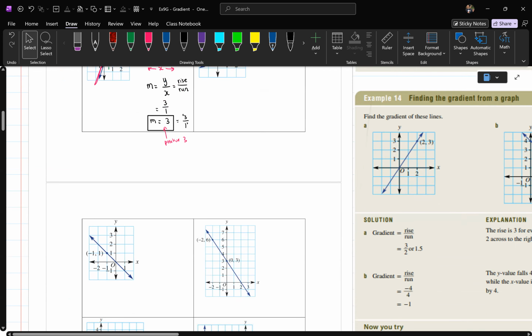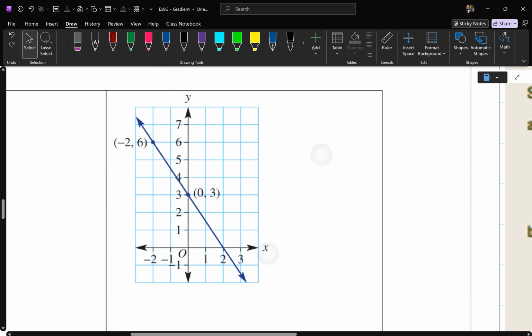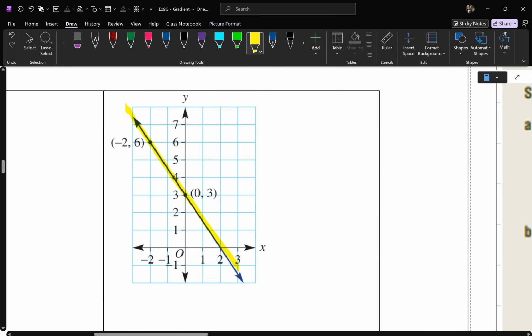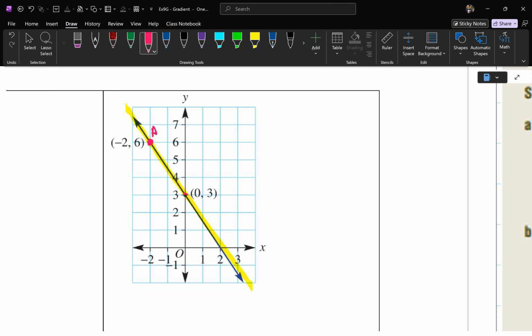So if I were to find the gradient in this scenario, I want to know the number. Pick 2 points. I can see this is a point, negative 2, 6, so let's call that A. I've got another point, 0, 3, let's call that B. And then let's work it out. So rise over run. If I'm moving from left to right, I clearly have to go down 3.